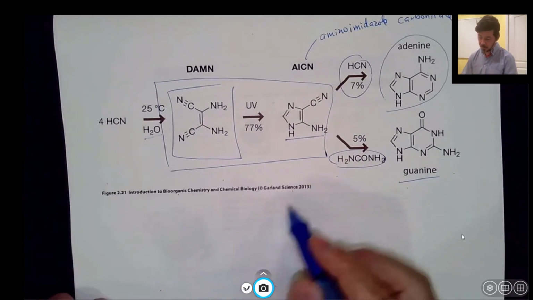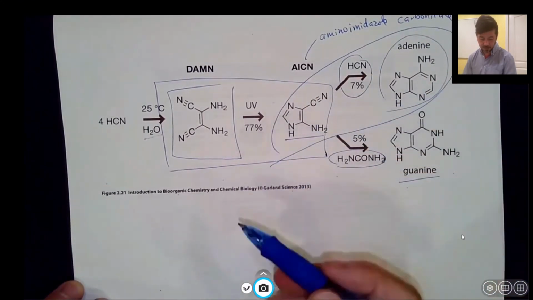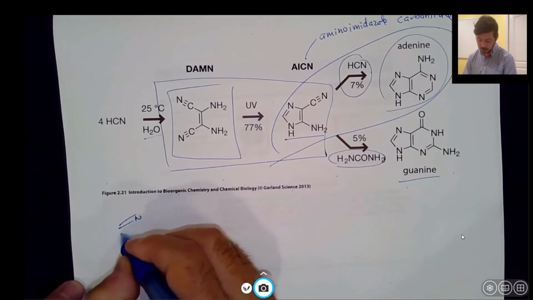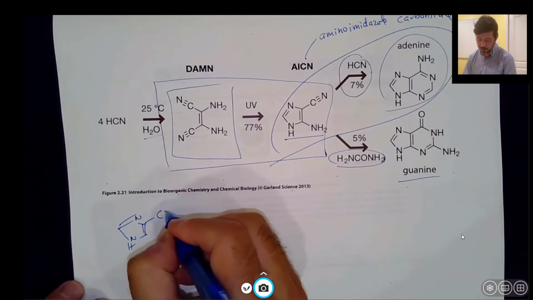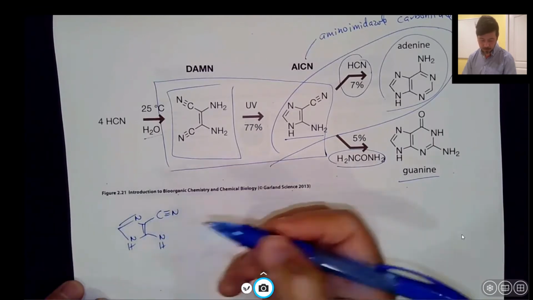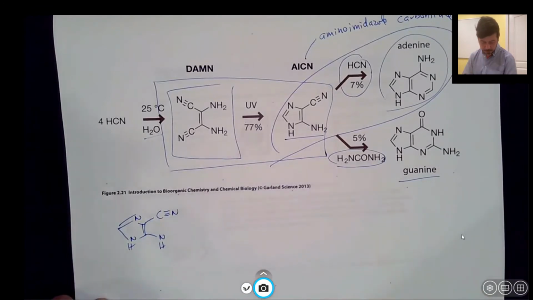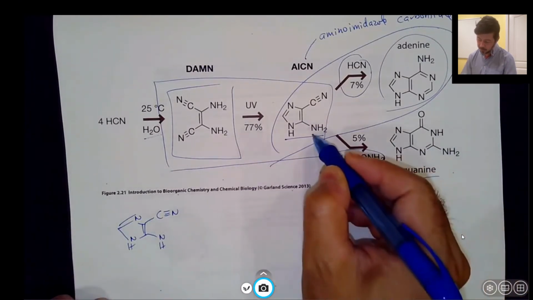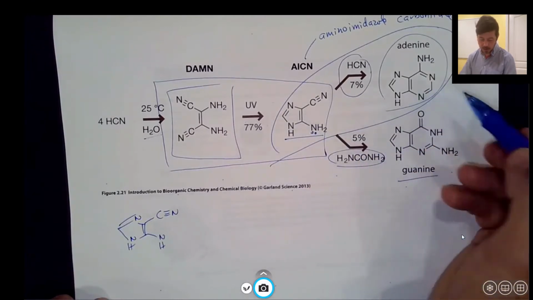But let's take a look at this step up here. How do we actually make adenine from this molecule here? So let's look at AICN. Again, we're using hydrogen cyanide. Let me just get my bearings right here. This group is going to come and the carbon needs to add to that.